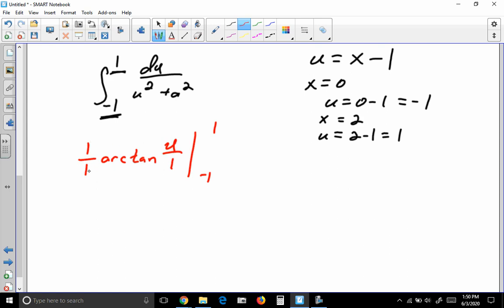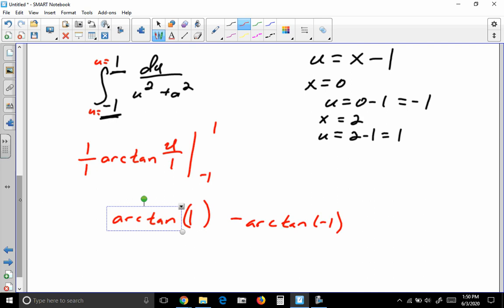So 1 over a, arctangent u over a, and since we changed these to u, negative 1 to 1. So we get arctangent, put in a 1, minus arctangent, put in a negative 1, and we check those.